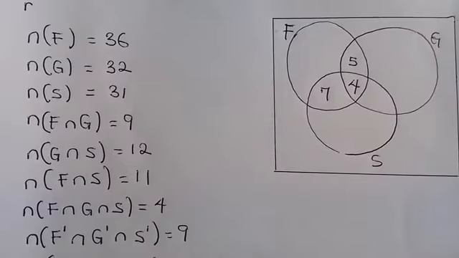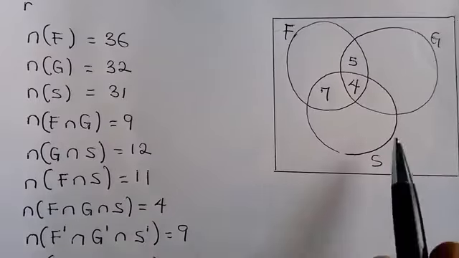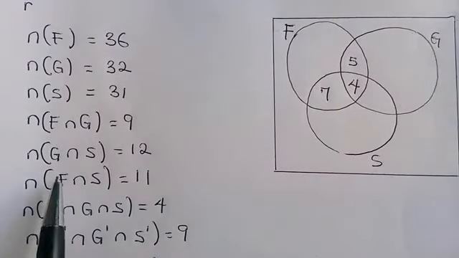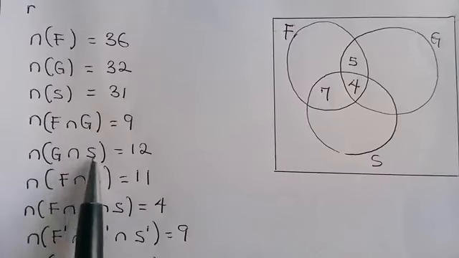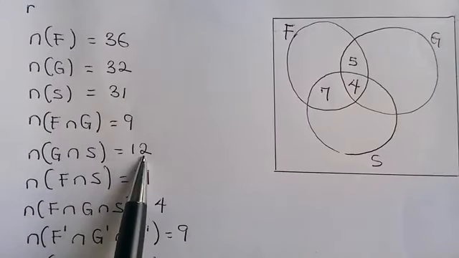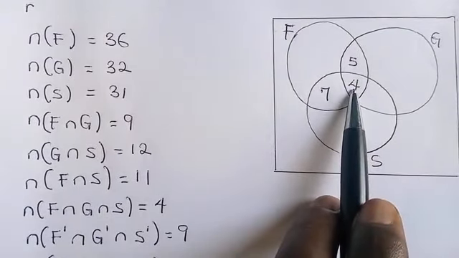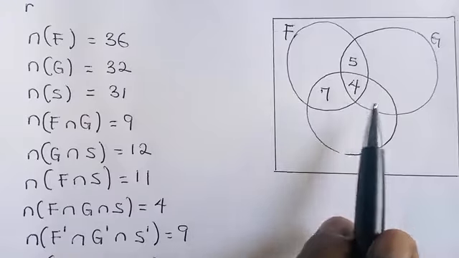Lastly, for this intersection between two languages, we have the intersection between German and Spanish here. When you look at this data also, German and Spanish, we have 12. Again, 4 of that number is already here amongst those that offer the 3 languages.